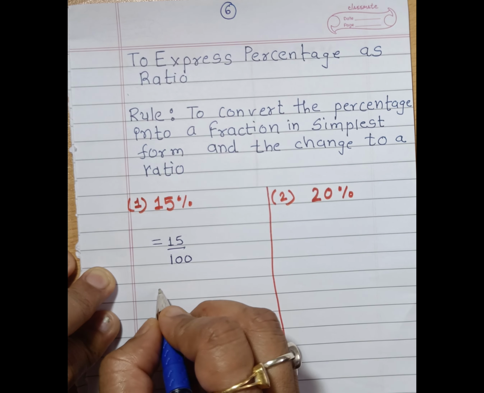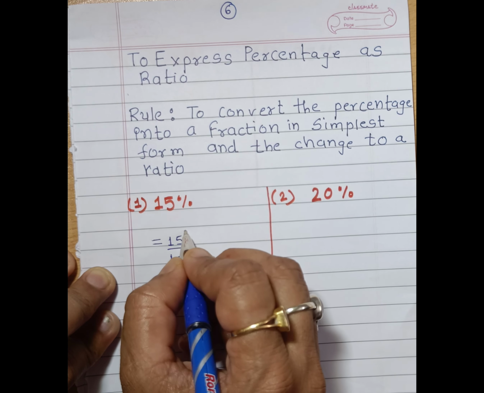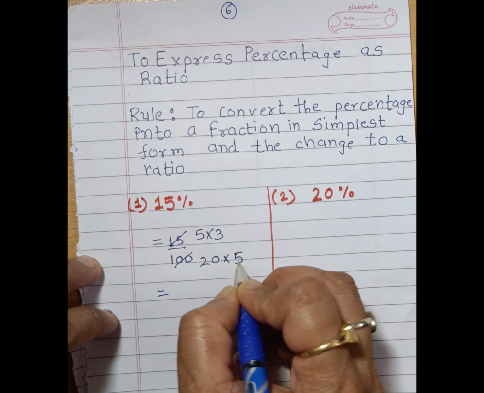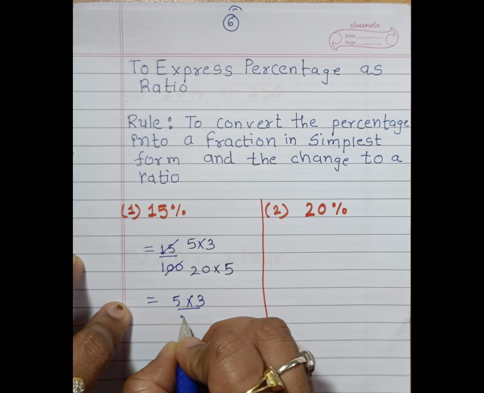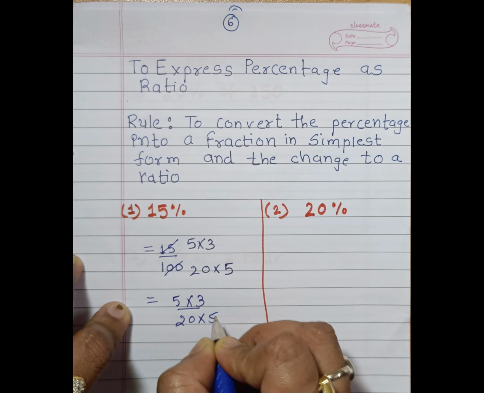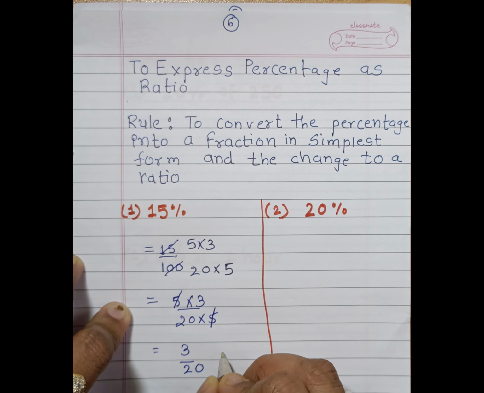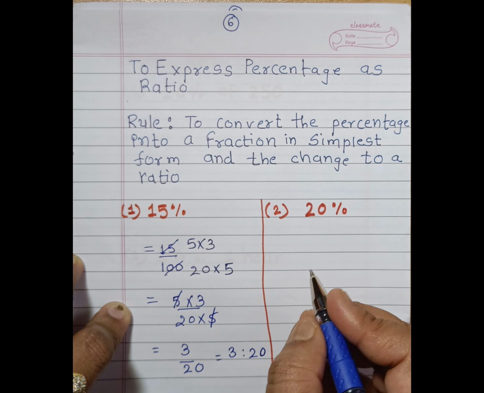Now we convert this into the lowest form. Now 15 by 100, 5 threes are 15, 5 twenties are 100, so it is equal to 5 multiplied by 3 divided by 5 multiplied by 20. 5 cancels, so it is equal to 3 divided by 20, which is equal to 3 is to 20, which is our ratio form.